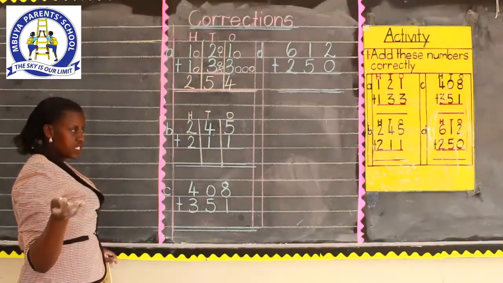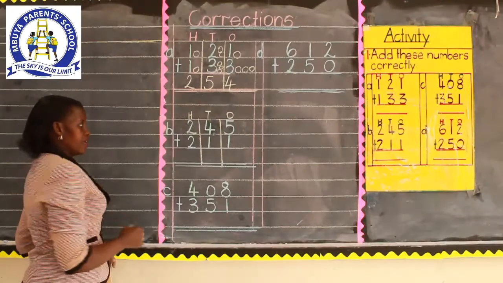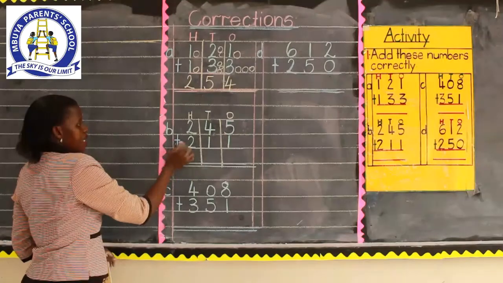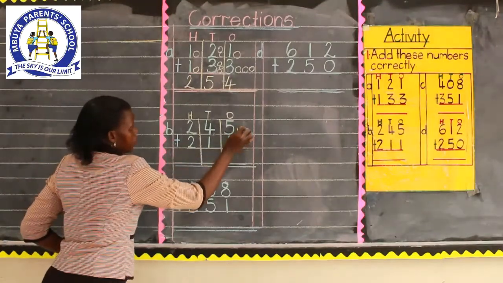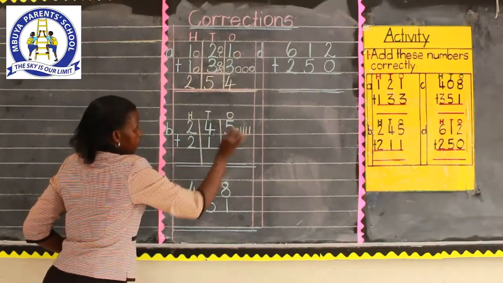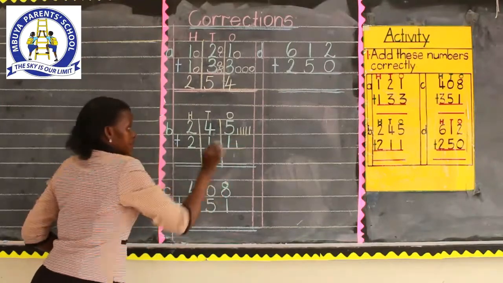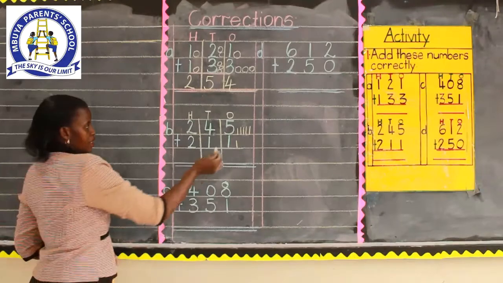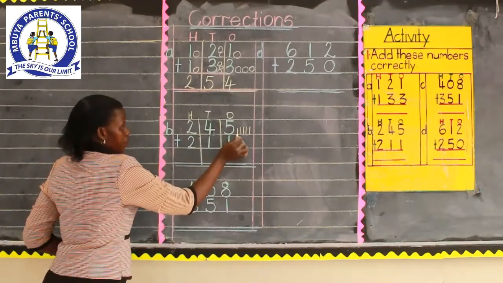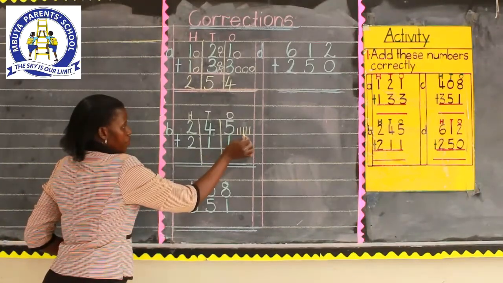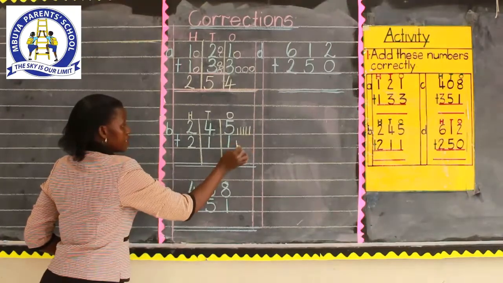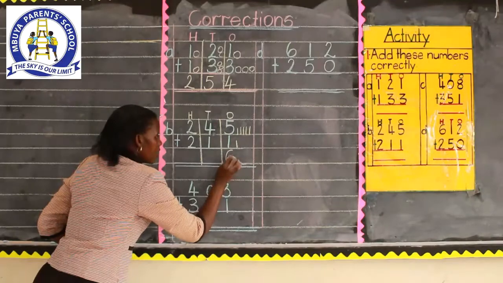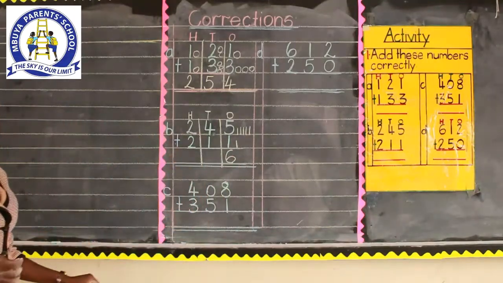You can even draw sticks if you want. Okay, let's use sticks. Here is 5 plus 1. 1, 2, 3, 4, 5. Then plus 1. We count the number of sticks. Let's count, children. 1, 2, 3, 4, 5, 6. So 6 here becomes the answer under ones.